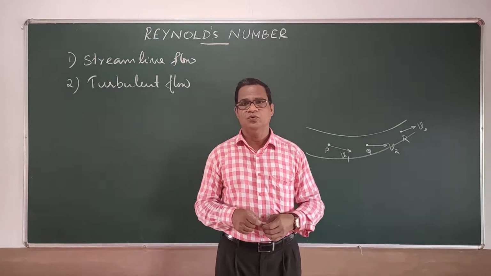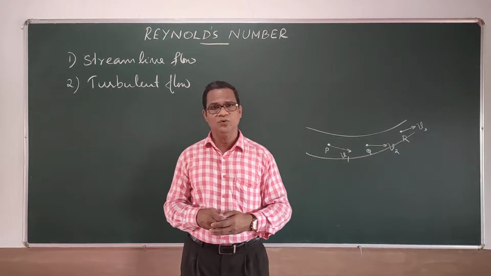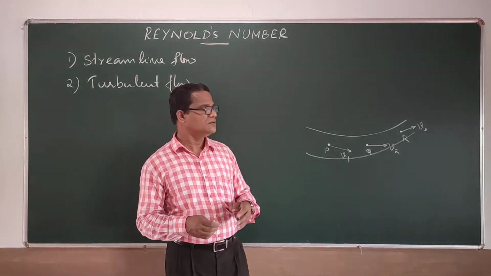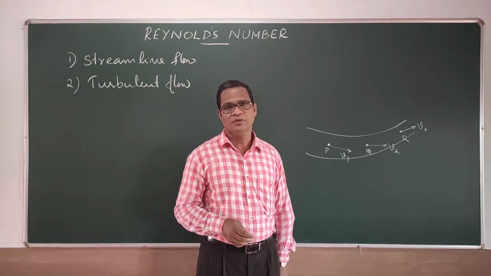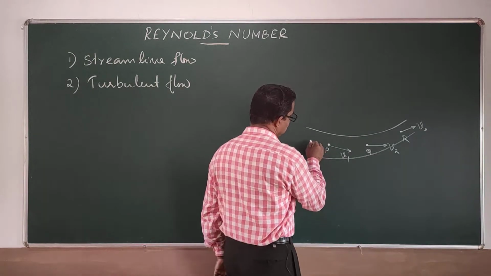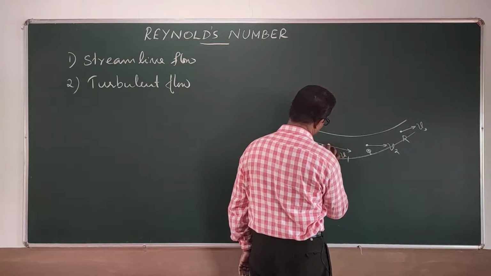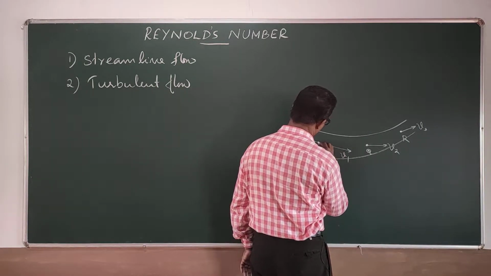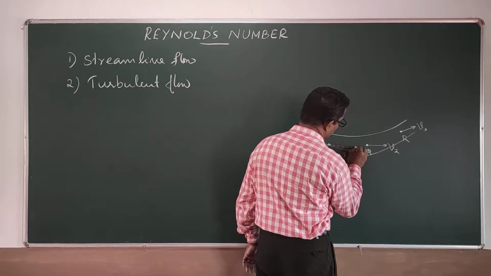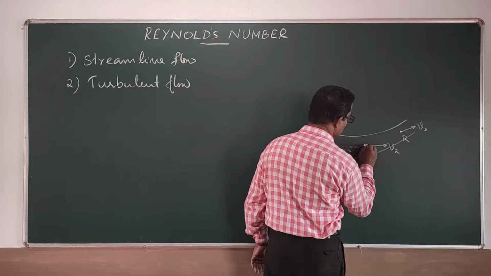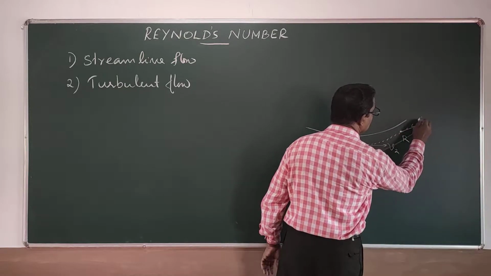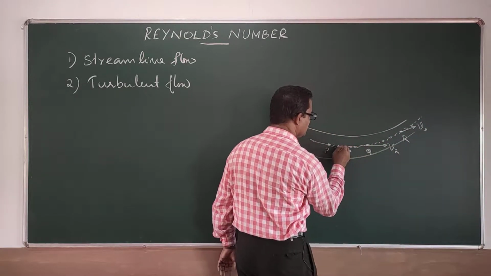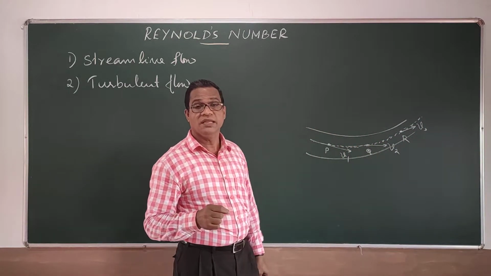This kind of flow, we studied, is a steady flow, and that steady flow itself is called a streamline flow. If we draw the line along the path followed by the particle, we can take it as a streamline.